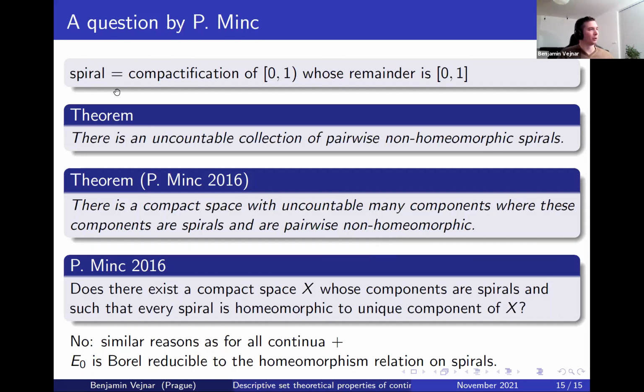I am using this word spiral because we wrote a paper dealing with compactifications of [0,1) whose remainder is a fixed Peano continuum. We use this notion spiral, but of course the standard notion is Elsa continuum, right? You are right, yes.